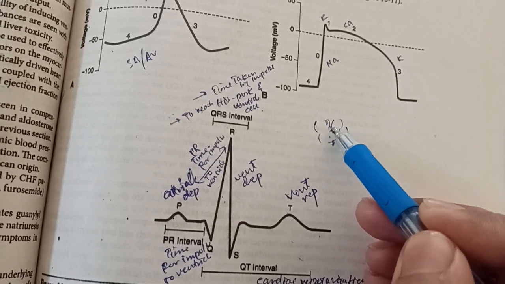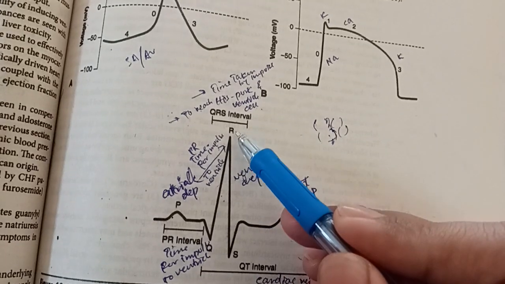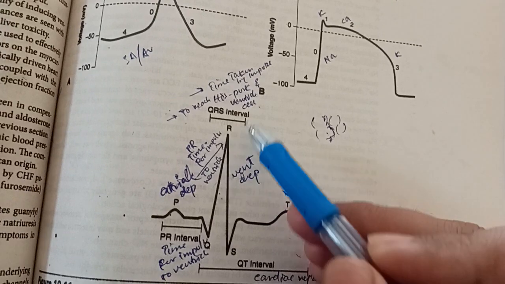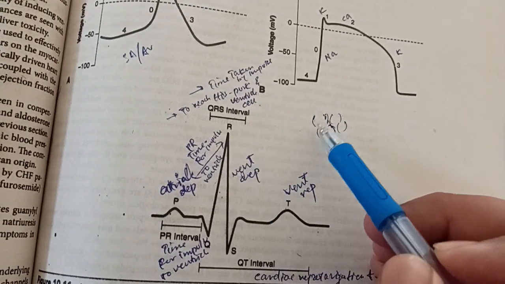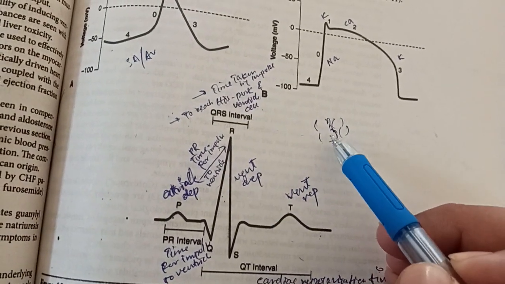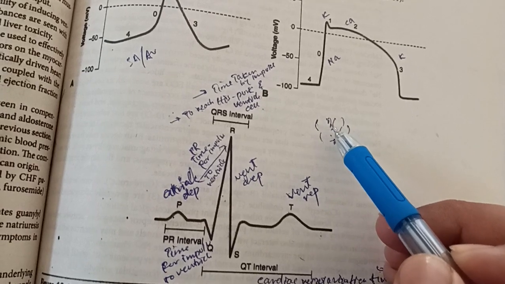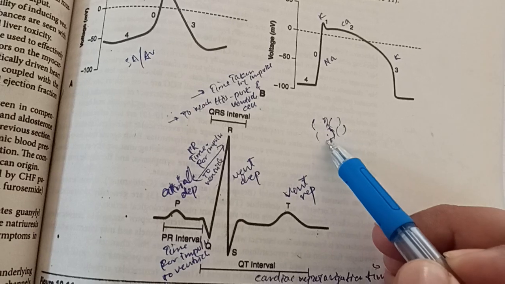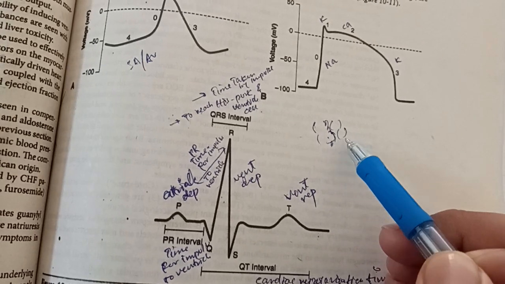So the QRS interval tells us the time taken by the impulse to reach the bundle of His, the Purkinje fibers and the ventricles, that is, the entire remaining portion of the heart.